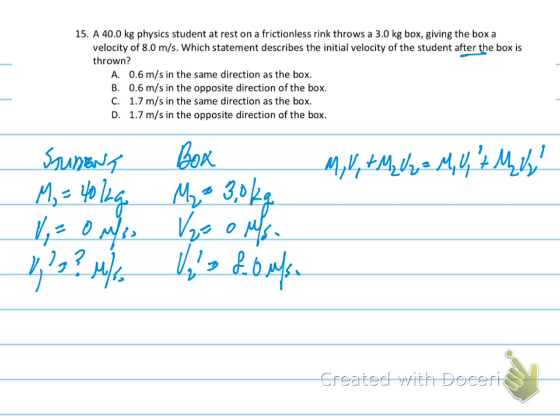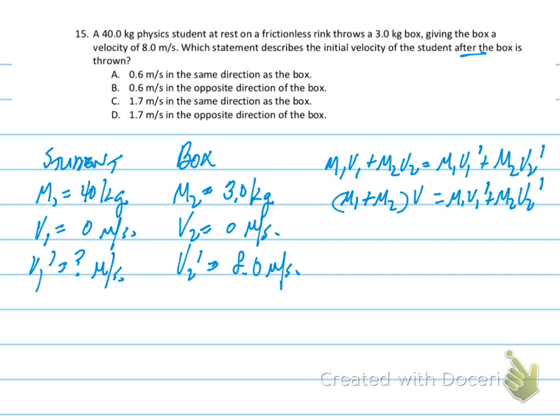And we can say that this is an explosion type of reaction because the student is holding the box. So it would be m1 plus m2 times a common velocity equals m1 v1 prime plus m2 v2 prime.